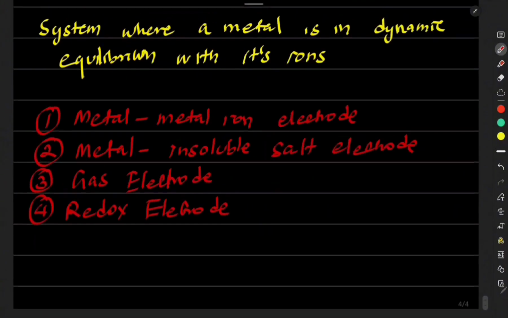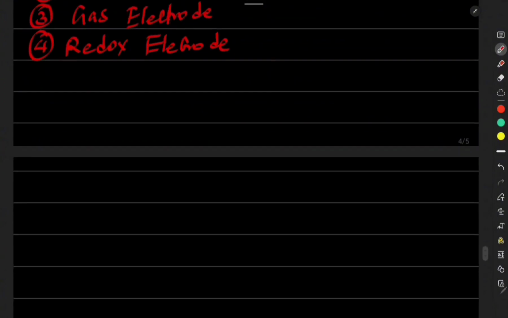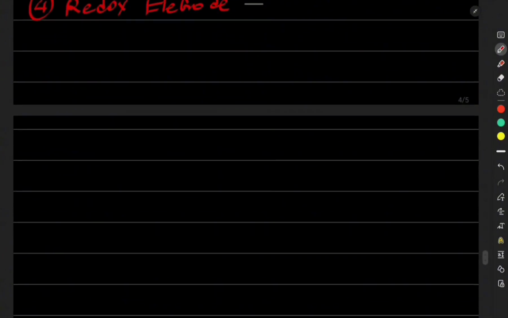Now let's look at an example. There are two electrodes. One electrode is made up of magnesium and the second electrode is made up of copper.